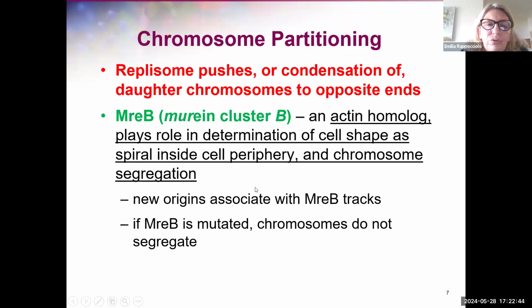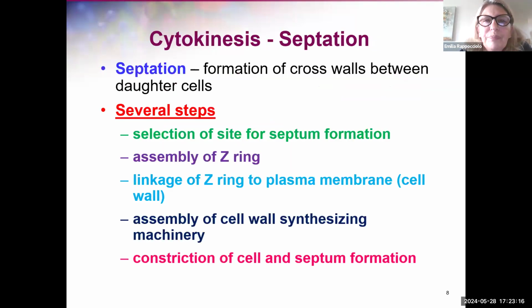It is also the protein that helps with locating the origin of the chromosome, and if MreB is mutated and is not working properly, then the chromosome cannot replicate. So it is an essential protein for chromosome replication.